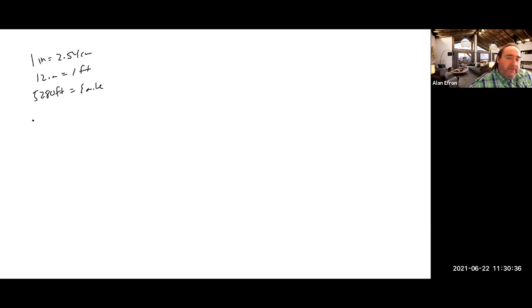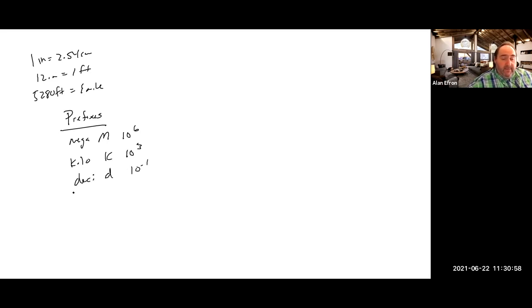Remember that we do use prefixes for the metric system, things like mega, which is big M, 10 to the 6th, or kilo, which is K, 10 to the 3, deci, which is D, 10 to the minus 1. We've used nano, I think, the other day.